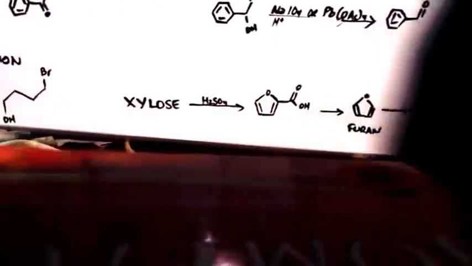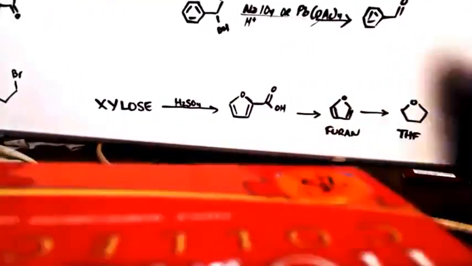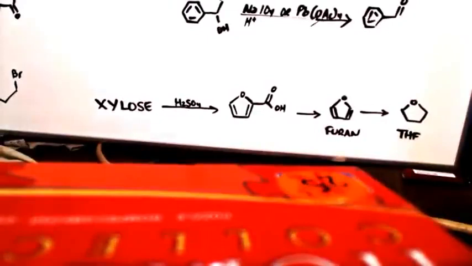Let's see here. Alright, see there how you got xylose, that's a sugar. You can buy that online, or you can even use corn cobs. Slice up the corn cobs, throw them in a blender or whatever. Throw in some sulfuric acid or whatever, and you'll make furfural, which is this right here.